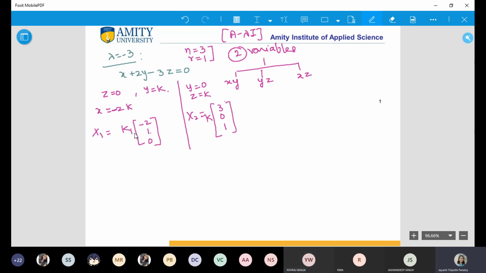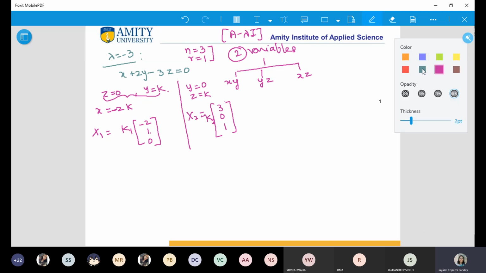Okay, you may write it k1, k2, doesn't matter, or you may take k1 equal to k2. Now suppose instead of taking x, in this case I have played along with y and z. Suppose somebody is interested in taking x and z.